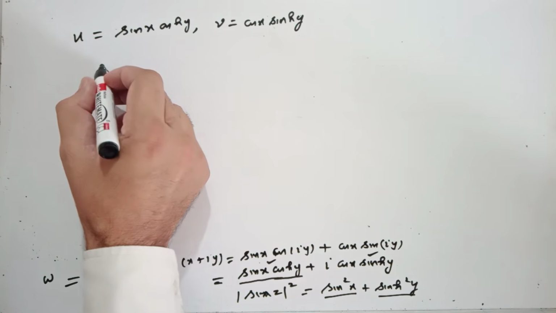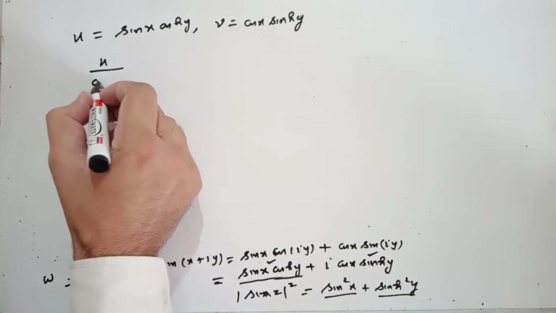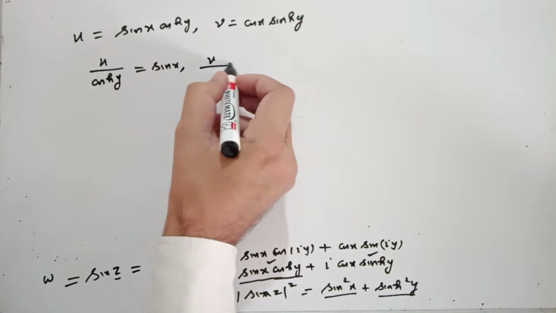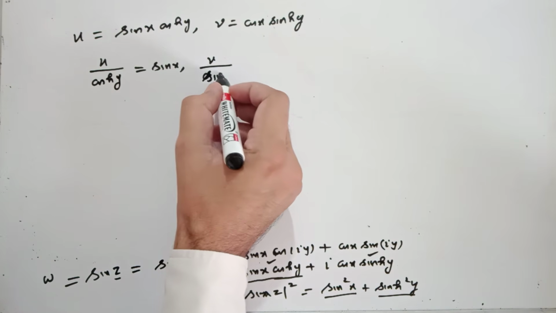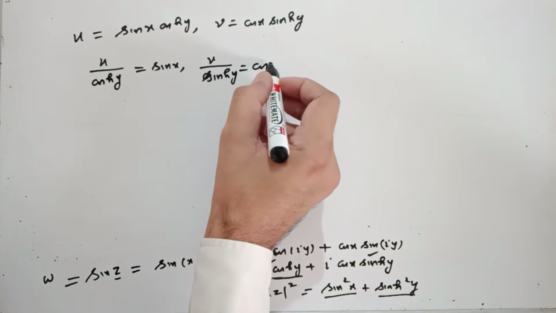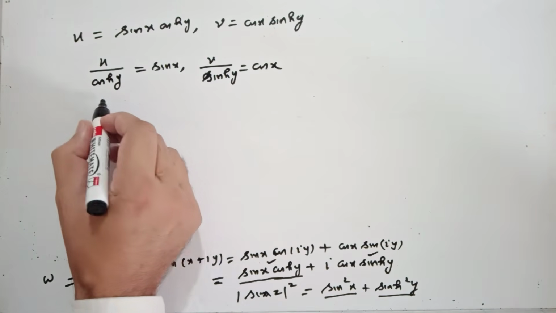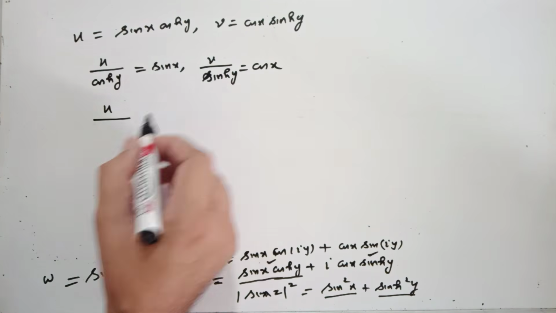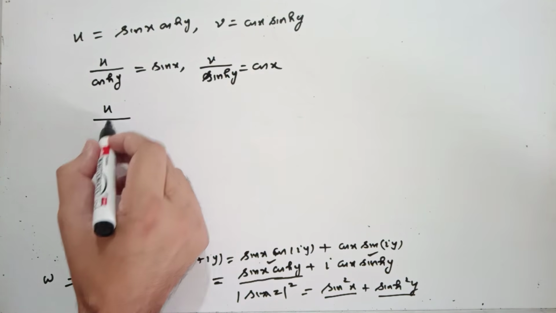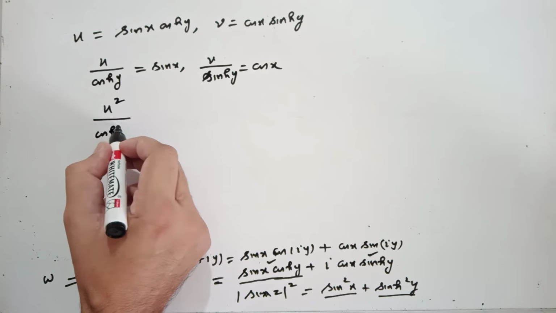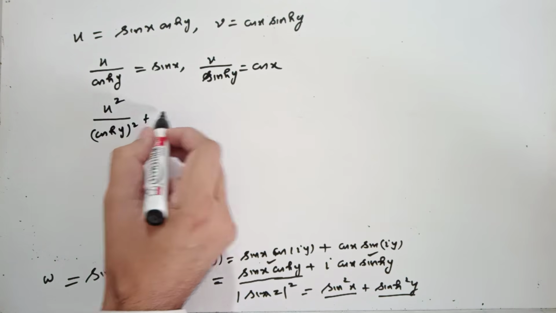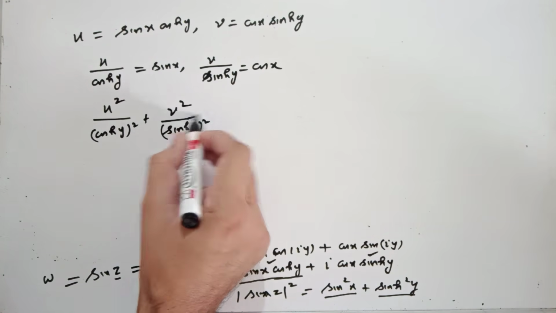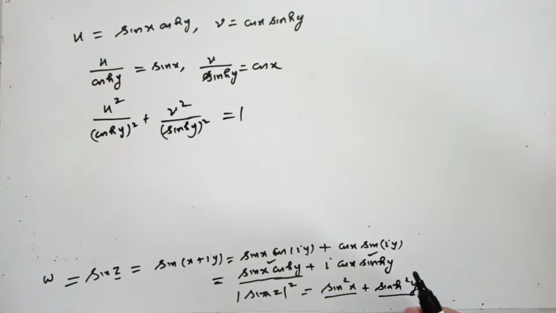From this, u over cos hyperbolic y is sin x, and v over sin hyperbolic y is cos x. So what is the sum of squares of these two? u square over cos hyperbolic y whole square plus v square over sin hyperbolic y whole square equal to 1, since sin square x plus cos square x is 1.